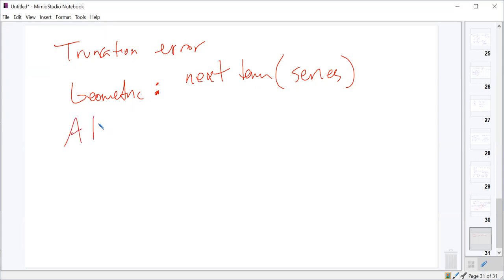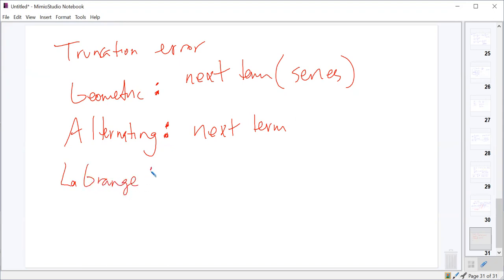If you have an alternating series, and remember the criteria for an alternating series is just that it alternates, right? So if we have an alternating series, the truncation error should just be the next term. That's it. And then the error for anything else that's not geometric and not alternating can be done using the Lagrange error bound.